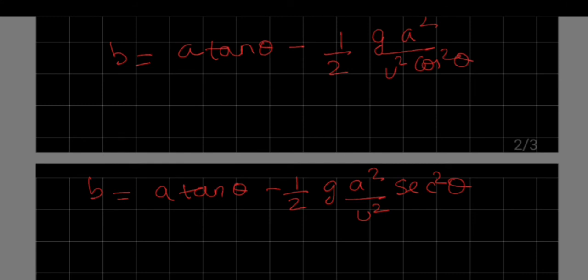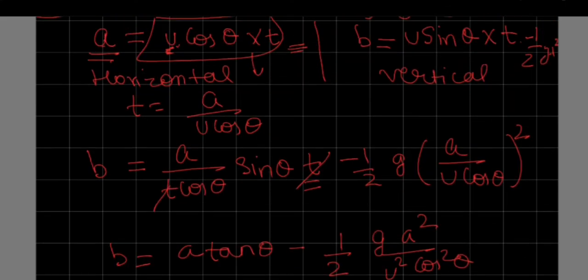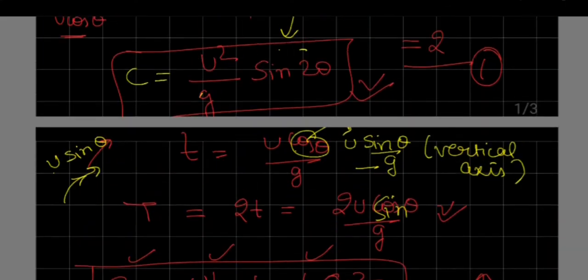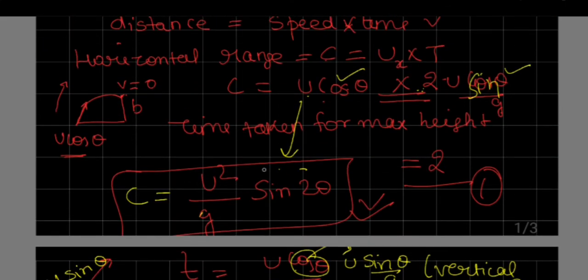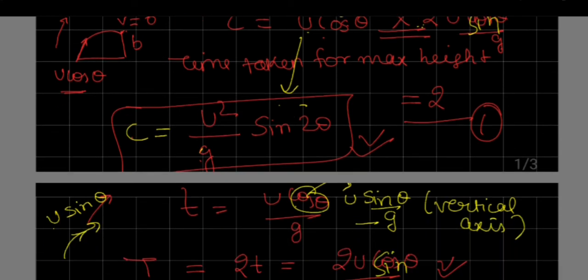But if you remember, what's the value of c which we got for the horizontal range? This value, right? c is equal to u square by g sine 2 theta. So from here we can say that if you want the value of u square, then we have cg by sine 2 theta.